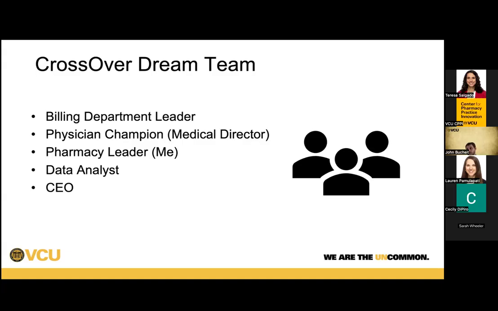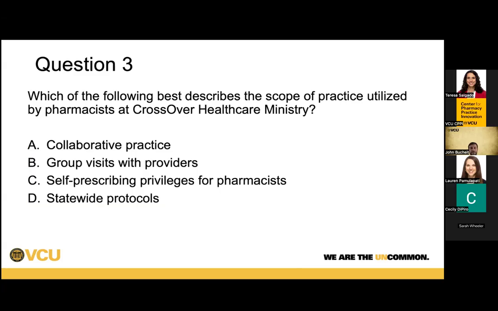We already had the capability and a data analyst to collect data and look at various aspects of care. We've focused mostly on quality of care in the past, but we did have someone ready to go to monitor how pharmacists were doing as far as success in billing. And then our CEO has been very supportive as well. Again, we have this relationship for over 9 years, since before me, of this resident and faculty member coming over to Crossover to see patients.